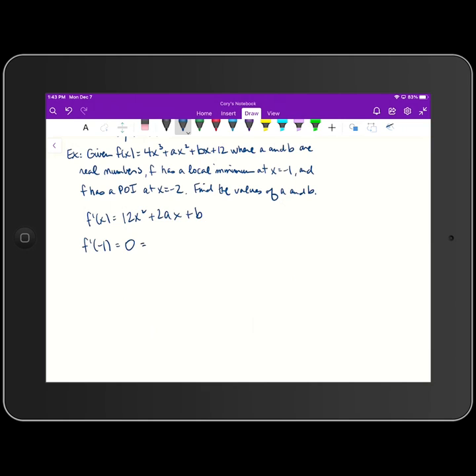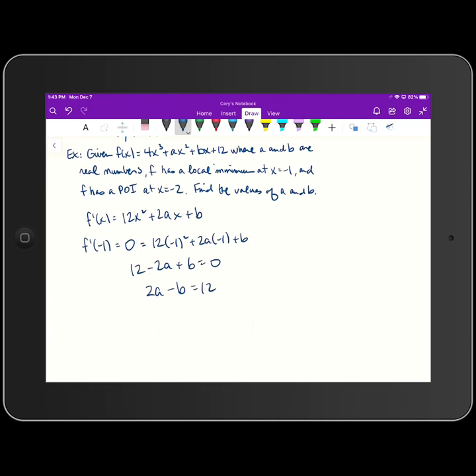When I plug -1 in the place of x, we get 12 times -1 squared plus 2a times -1 plus b, which makes 12 minus 2a plus b equal to 0. That allows me to say that 2a minus b is equal to 12. That's the first equation in my system of equations.